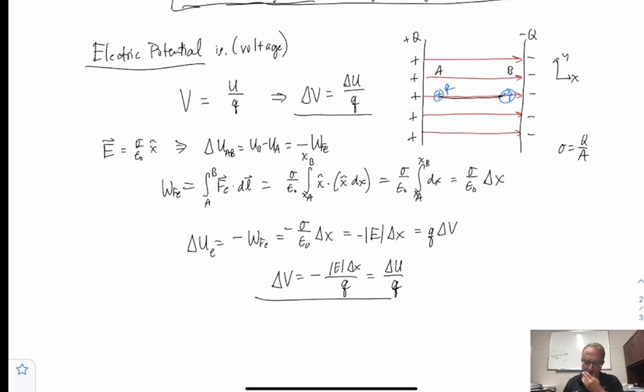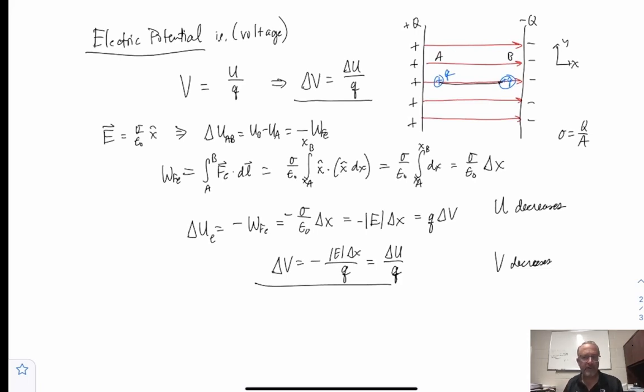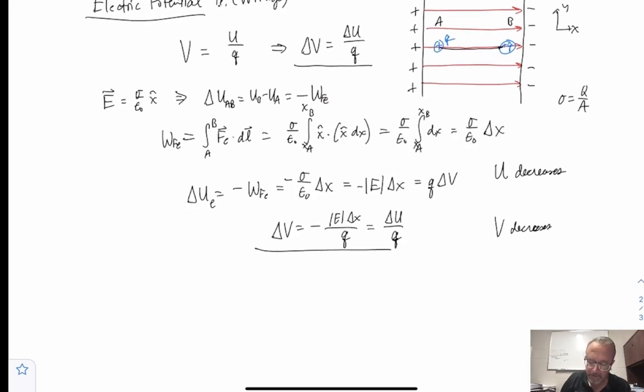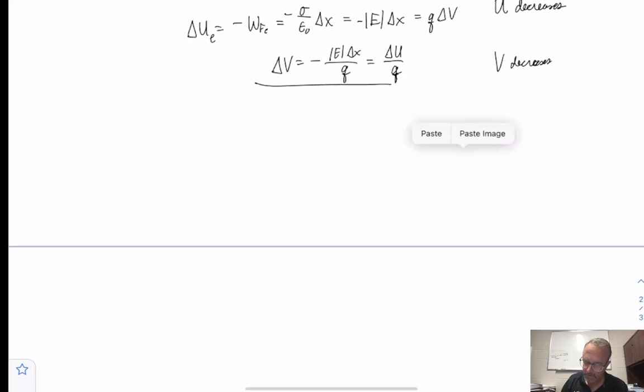So let's reverse the situation and do something a little bit different. Because we have a potential energy decrease, I'm going to write these down. U decreases and V decreases. Okay? So let's do a negative charge. Let's see what happens if we do a negative charge in here, okay? So same scenario here.